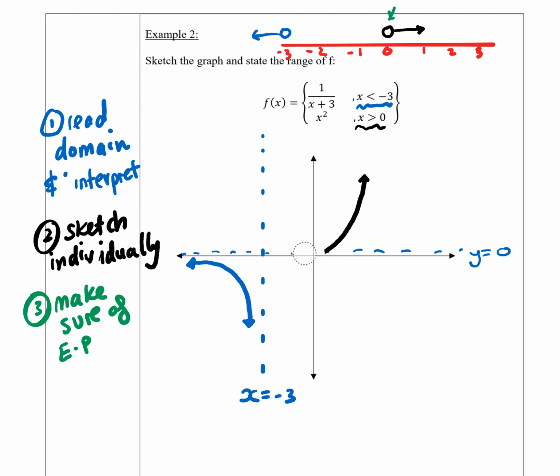So I'll just make that really clear for the examiner that there's an open dot there. We can go over this a bit smoothly, and this is our hybrid function. Remember that I've called this asymptote y equals 0, so it's really important that we label this x and y, and label the graph that we sketched y equals f of x.